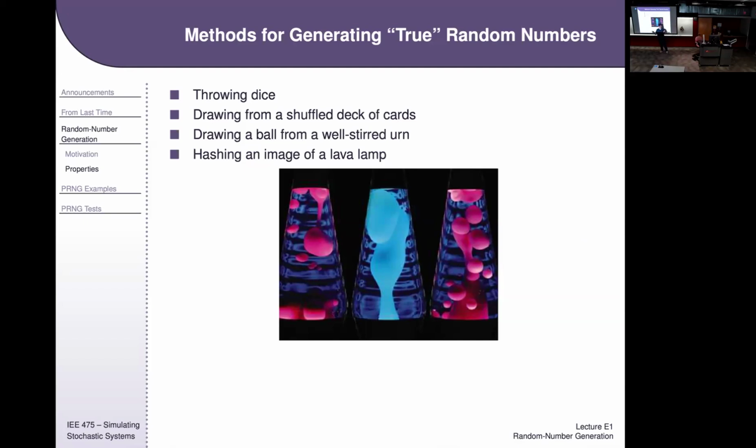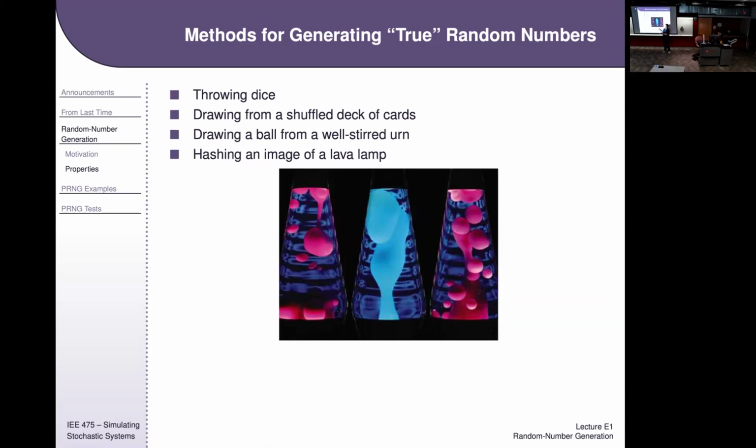These hash functions are designed so that if one pixel changes, it's very unlikely for the function to produce a number that's very close to the other numbers. So here you're using this physical process to drive this hash.